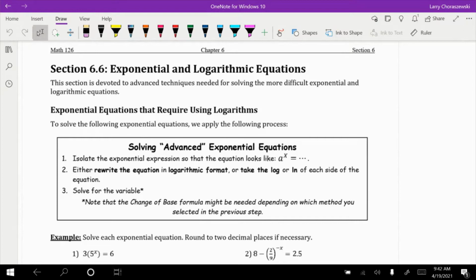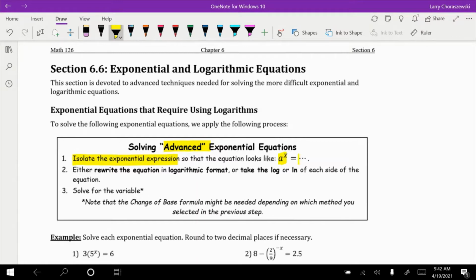But there is this overarching process that helps us solve the more advanced exponential equations. The first step is really key. You want to isolate the exponential expression. The exponential expression is the term that looks similar to this, where it's a number raised to some power involving the variable.